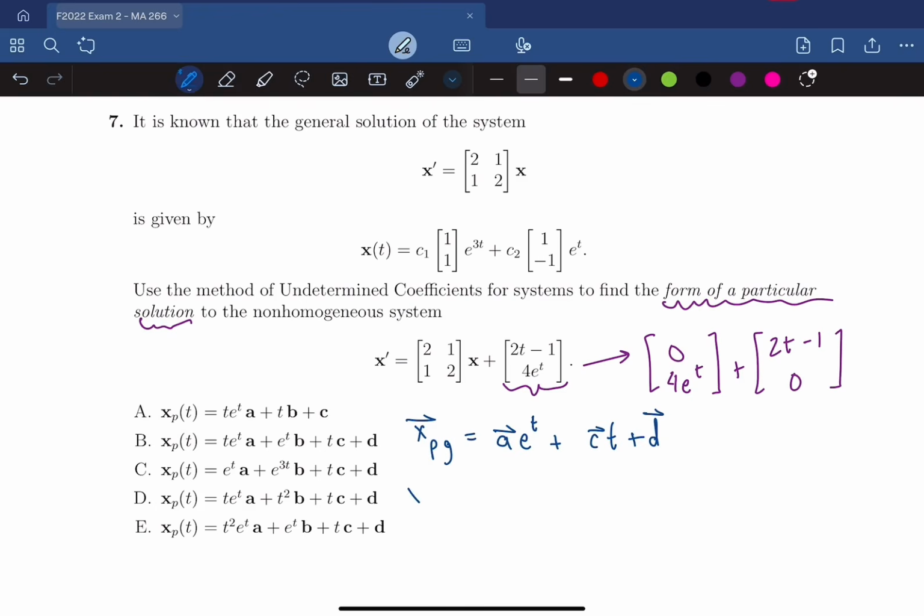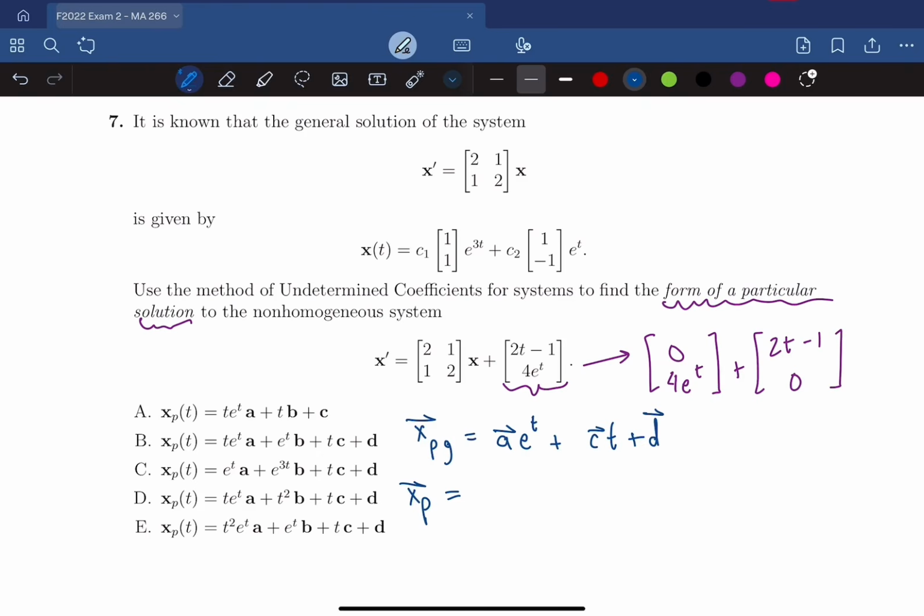And the way we unduplicate that is unique to systems. If you remember in problem 1, we just multiplied by t, or by t squared, depending on the multiplicity.